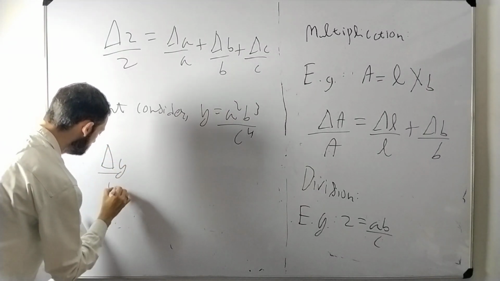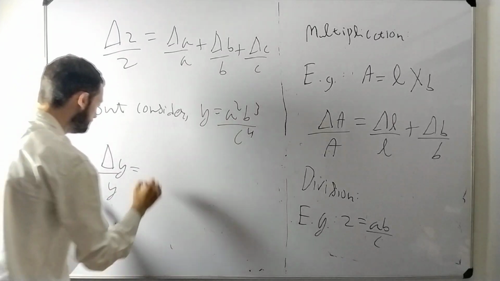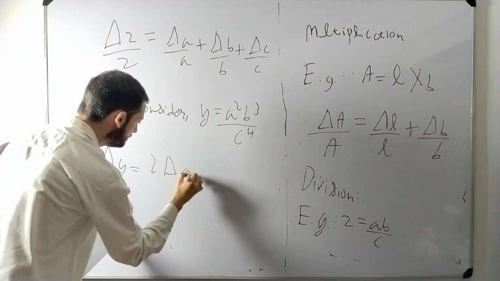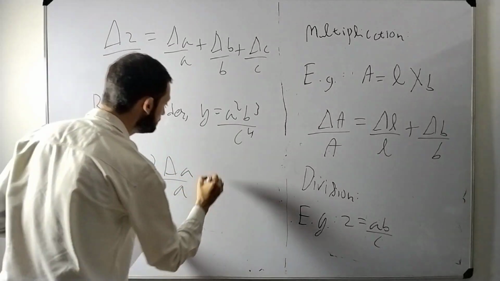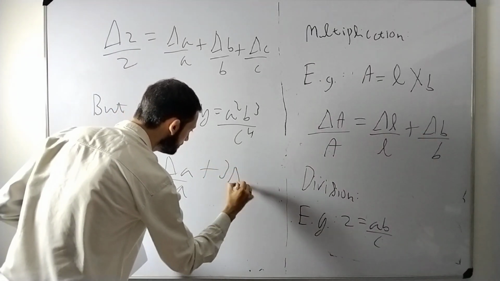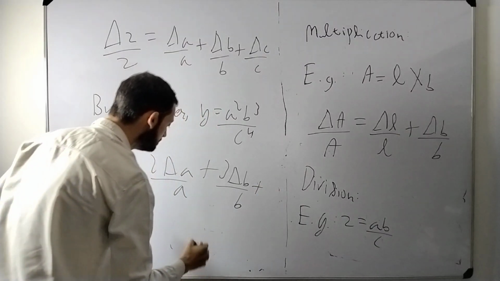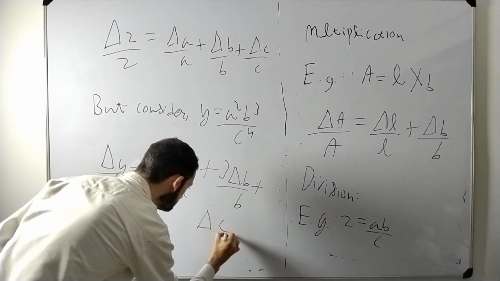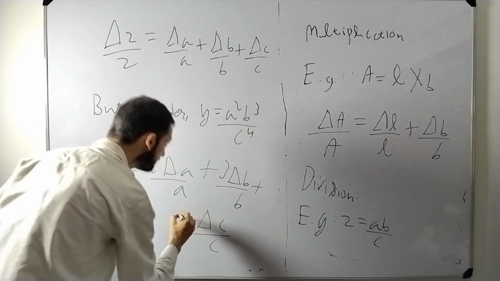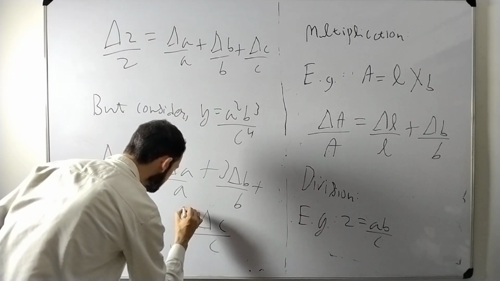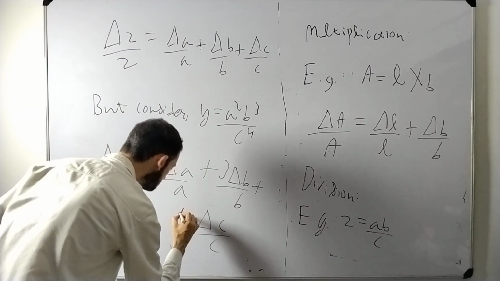Del y upon y equals 2 del A upon A plus 3 del B upon B plus del C upon C. Yes, I understood what you are saying, 4, sir. 4.